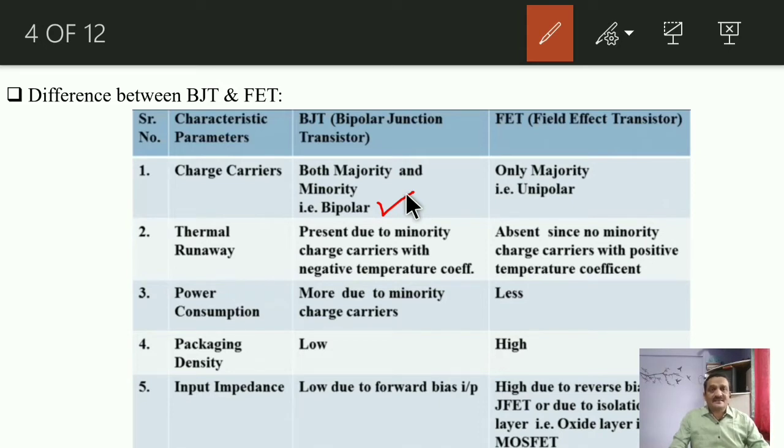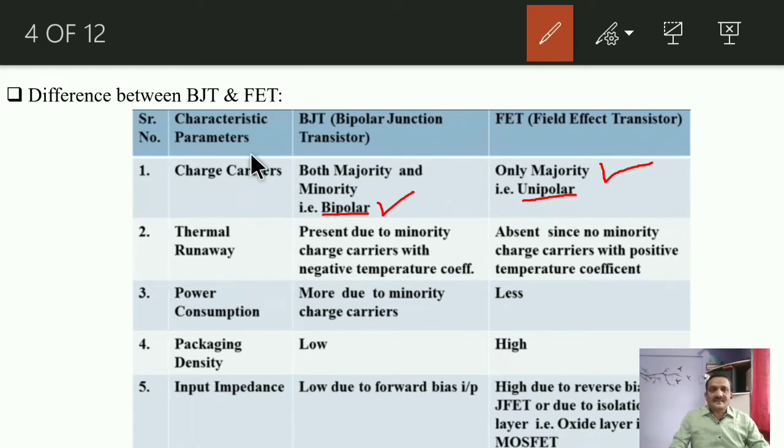Whatever current flows through the BJT is due to both types of charge carriers, electrons as well as holes, while in a field effect transistor current flows due to only one majority charge carrier, and that's why it is known as unipolar. So BJT is bipolar, while FET devices are unipolar.